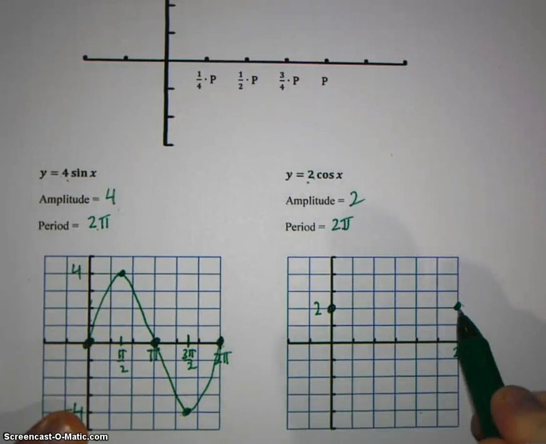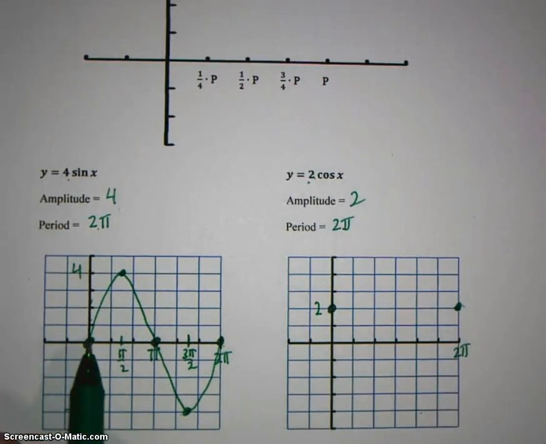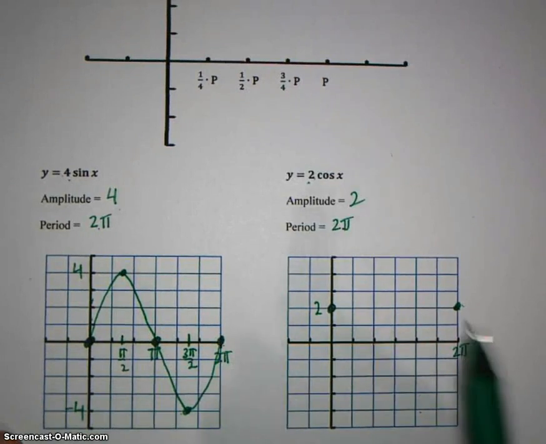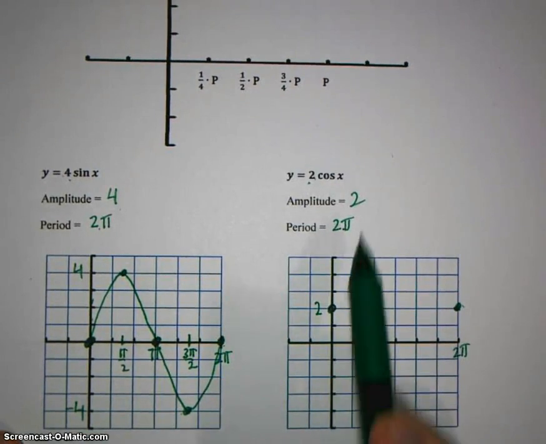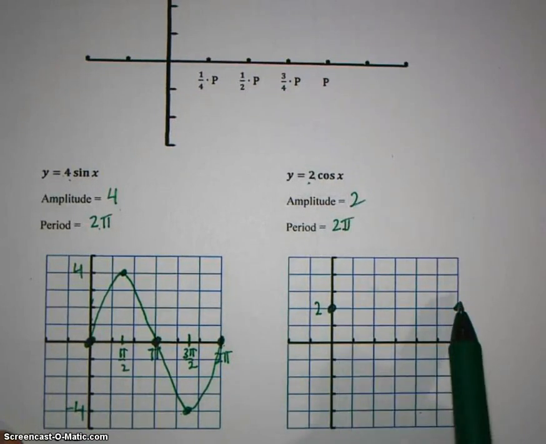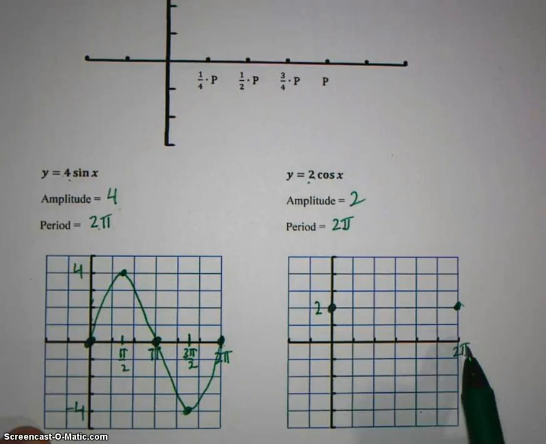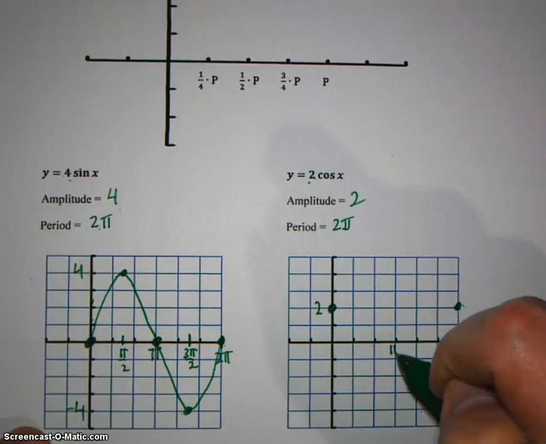and it also ends high. So sine graph starts on the axis, ends on the axis. Cosine graph starts high or low. If this is positive, it's high, and ends high also, or ends low, depending if it started low. Okay, halfway between 0 and 2 pi is still 1 pi.